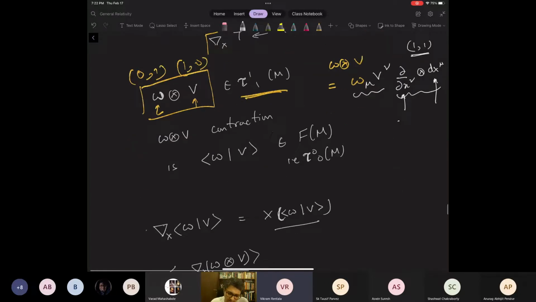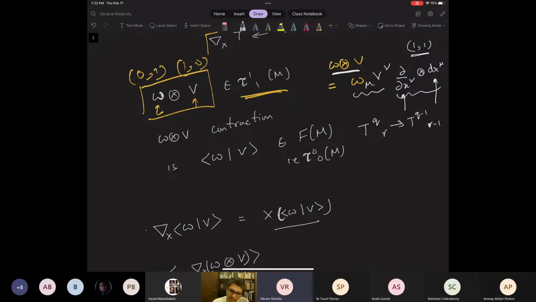Now you can define an operation on this tensor. This tensor is of type 1,1, but we defined a second operation besides tensor products last time, which is the operation of contraction. If you have a tensor of type QR, we define an operation of contraction of two indices to get a tensor of type Q minus 1, R minus 1.